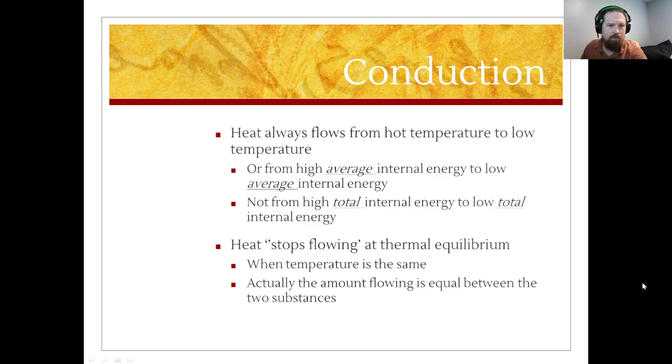So if you touch a cold object that has a high rate of thermal conductivity, the sensation you get when you touch it is just going to feel more intense, even if it's at the same temperature as another object you're touching.